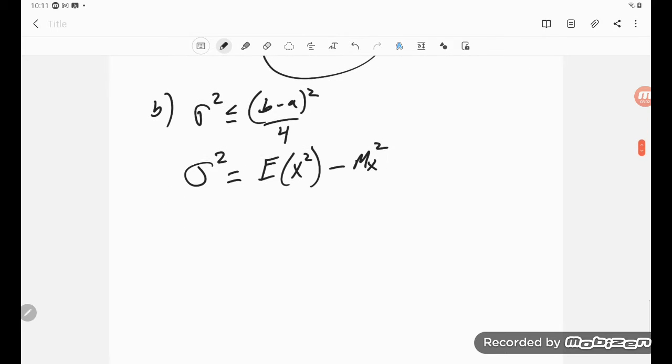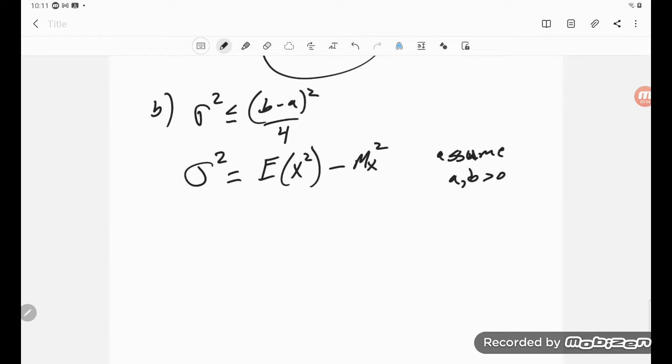And so now it does get a little more complicated, I think, with this. And that's where I think to start, I would assume A and B are greater than 0.